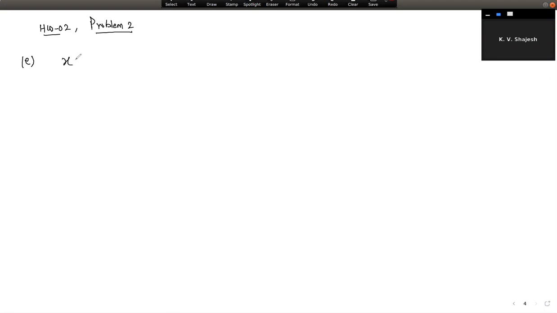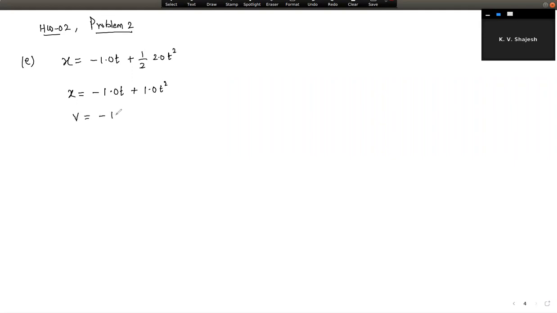So it's x is equal to minus 1.0 t plus 1 by 2 times 2.0 t squared. So x is minus 1.0 t plus 1.0 t squared.